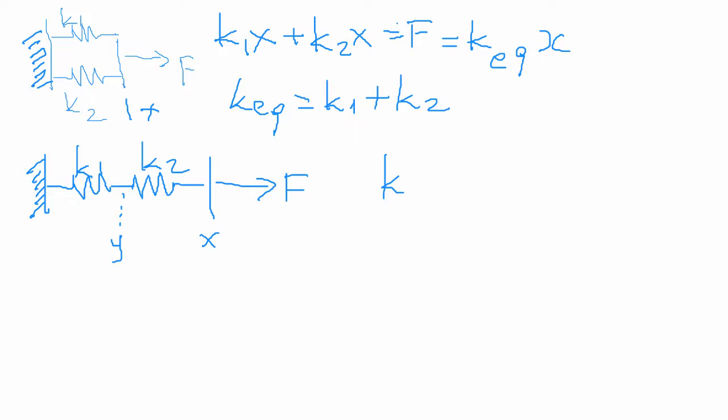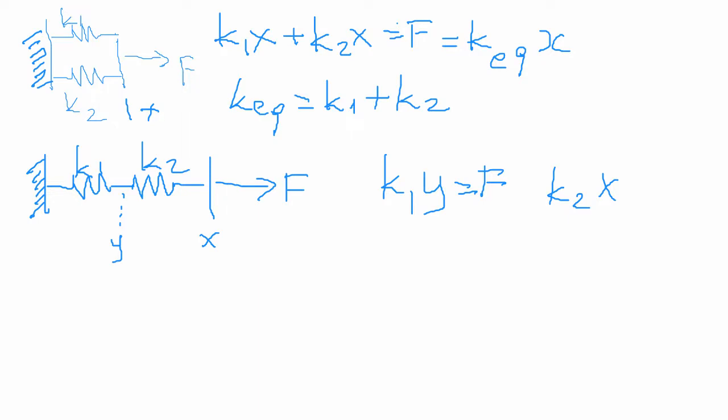Then if you write the equation here, K1 times Y is equal to F. The same F is affecting those, and K2 times X is equal to F. Is it correct? I'm just checking whether you are following me or not.